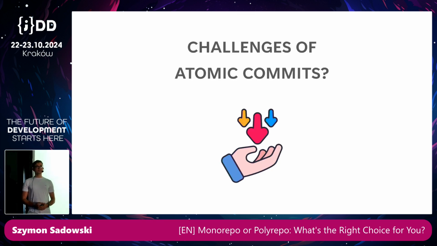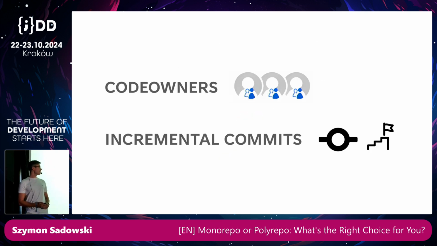But it comes with one caveat: if you are making such a huge pull request, it can be difficult to review it. But you can mitigate it by using code owners, where you can specify code owners for each directory.